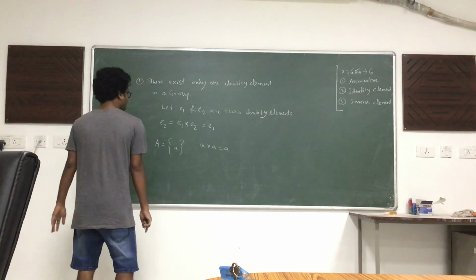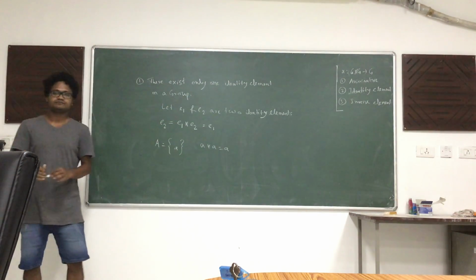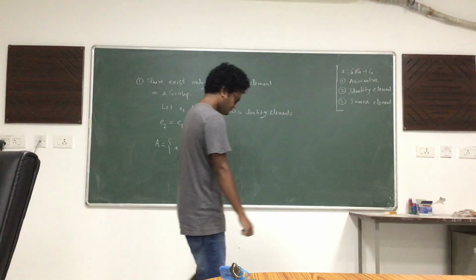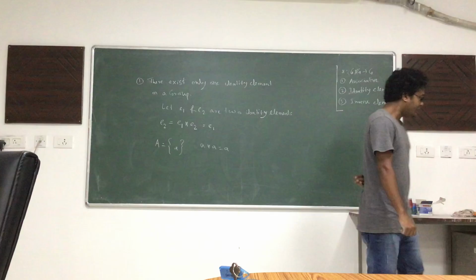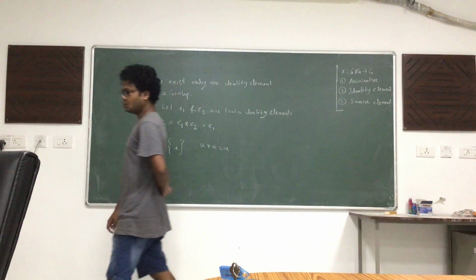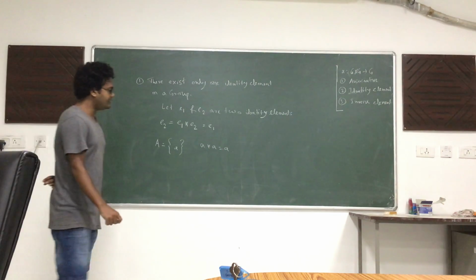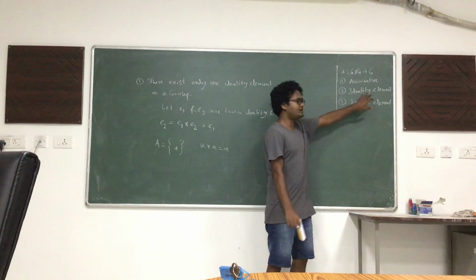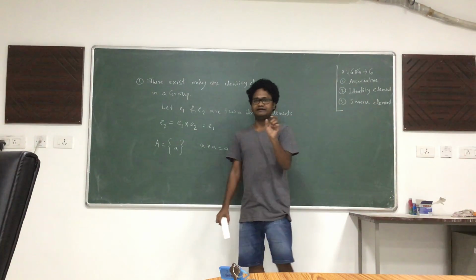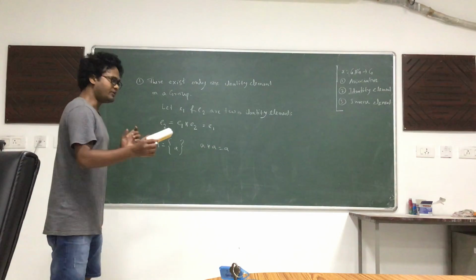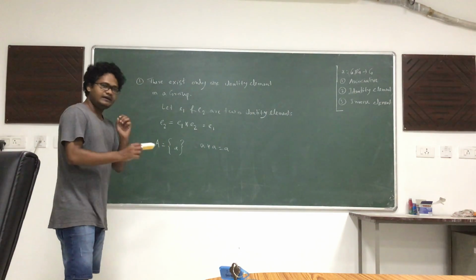While defining identity and inverse, we don't care about from which side the operation is being operated. It's like always abelian when we are talking about identity and inverse. No, it's not that we don't care about it. We fix the properties in that way. For the identity element, not for other elements, from the left and from the right, it has to be the same.